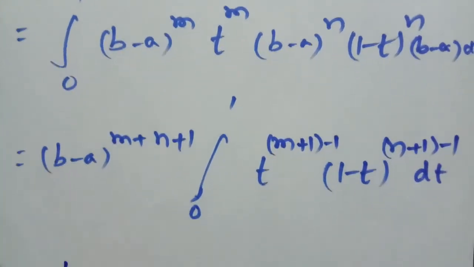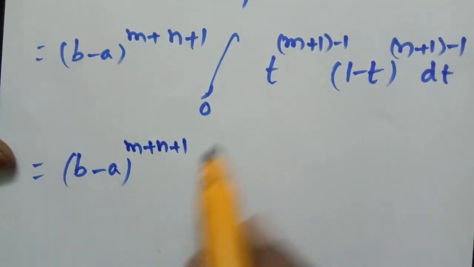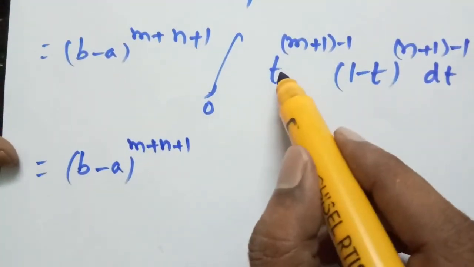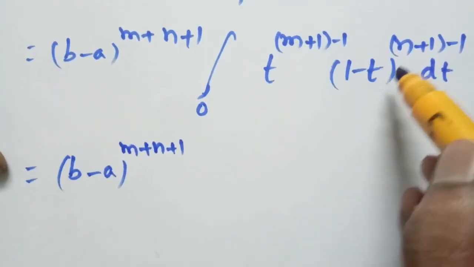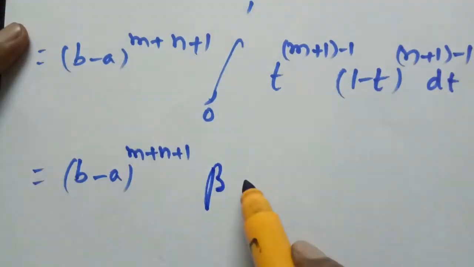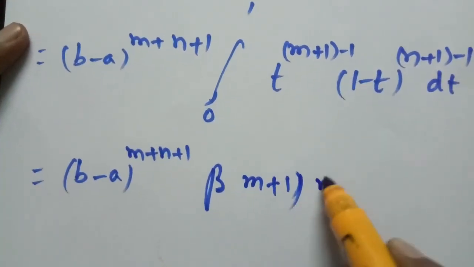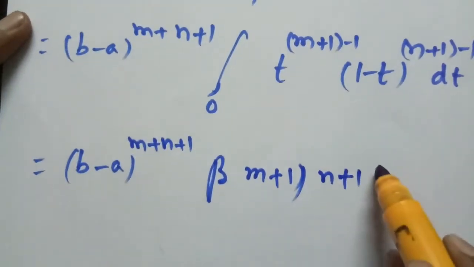Therefore this is of the form b minus a whole to the power of m plus n plus 1 into t to the power of m minus 1 into 1 minus t whole to the power of n minus 1 form. Therefore this is beta m plus 1 comma n plus 1 by the definition of beta function.